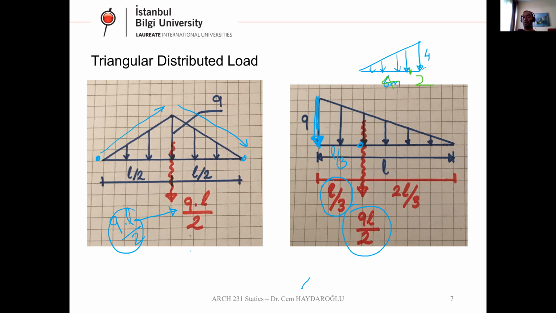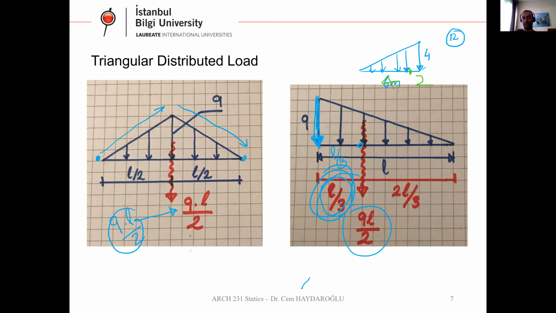The rule is same. Calculate the area. 4 times 6, 24 over 2. You know, it's 12. Okay, if we know the magnitude is 12, the location is, remember this rule here, 1/3 rule, from the highest loading point, L over 3 away.